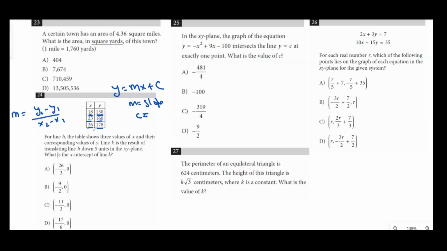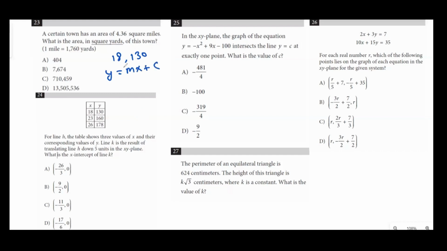If we take any 2 points, it does not matter. Slope will always remain the same because it's a linear line. So after solving this, you take any of the 2 points, slope will come out to be 6. Suppose that I have a point 18, 130. y is equal to mx plus c. y is equal to 130, m I have already solved as 6, x is 18, and from here I can find out the value of c. If I just substitute the values in the calculator, c will come out to be 22. M is 6 and c is 22. Now, I have two options.